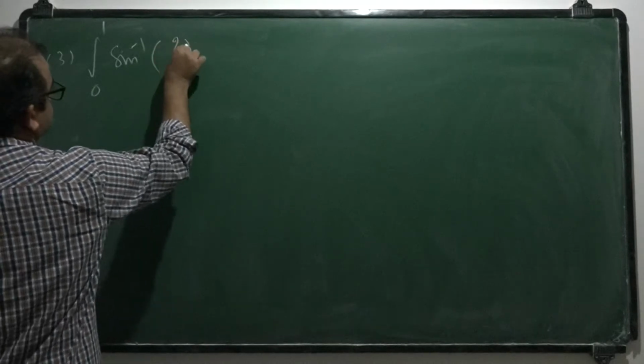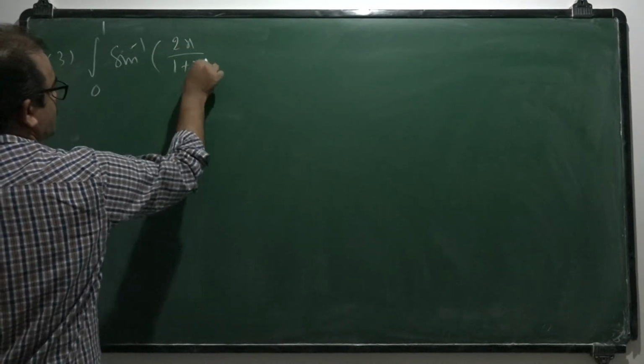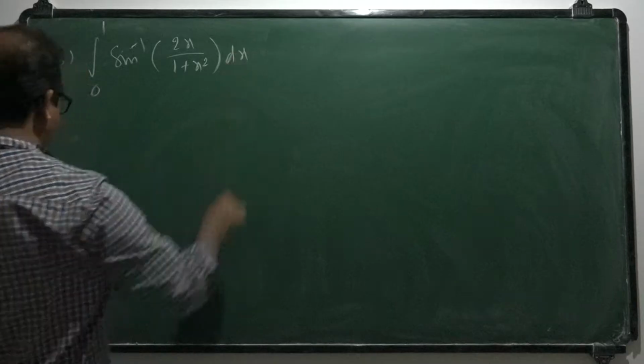Next, third one: integral 0 to 1 sin inverse 2x by 1 plus x square into dx.